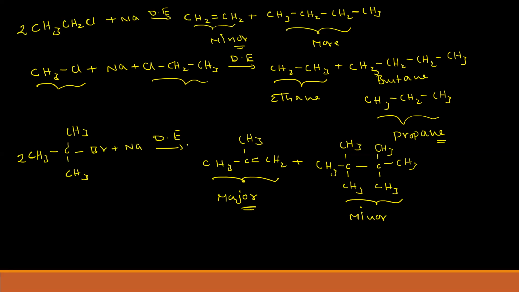So the Wurtz reaction can be used for the preparation of alkanes with a higher number of carbons. Let's see cyclic compounds like this. Cyclic compounds like this can undergo an internal Wurtz reaction to form bicyclic compounds like this. These are called internal Wurtz reactions.